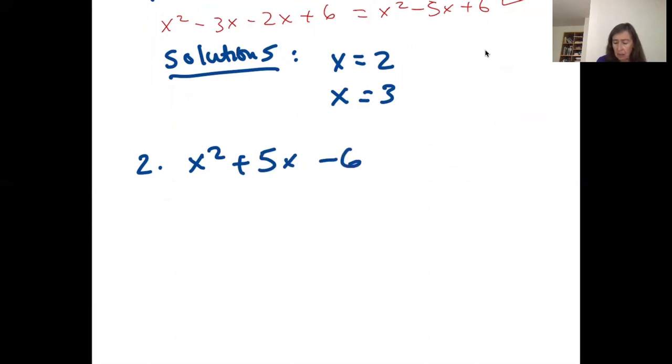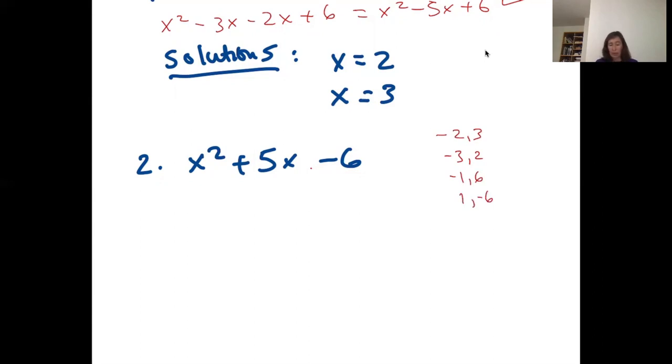So here again, we're going to think about the factors of the last term, but our last term is now negative. So we're thinking about what are the factors of negative 6. Well, the factors of negative 6, we could have negative 2, 3, we could have negative 3, 2, we could have negative 1, 6, we could have 1, negative 6.